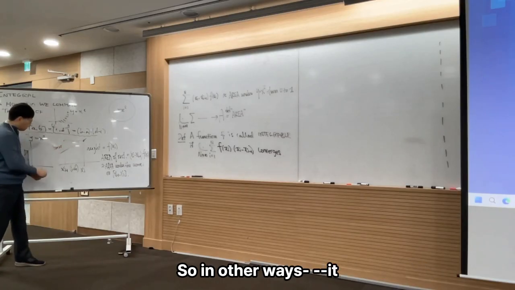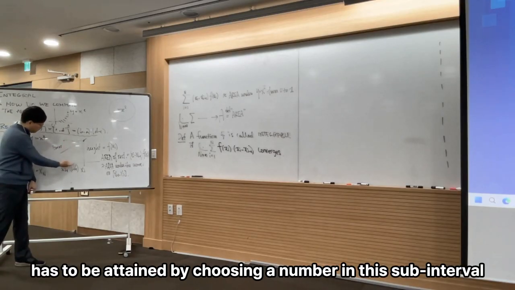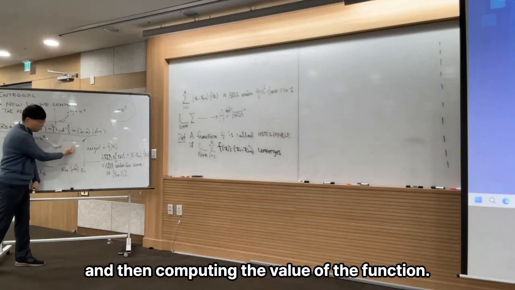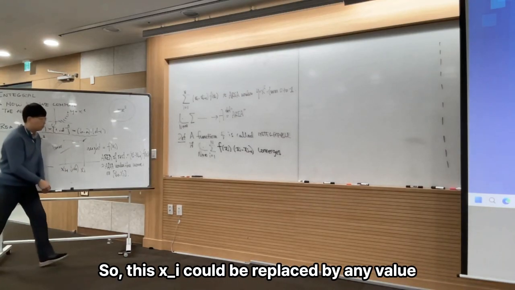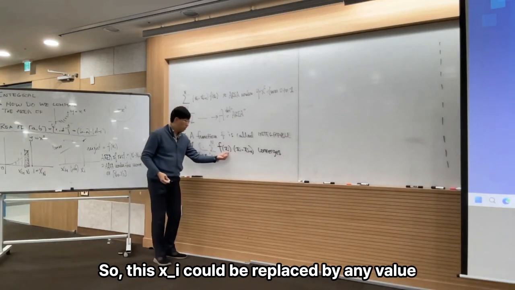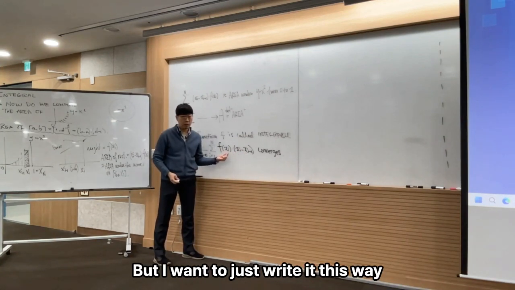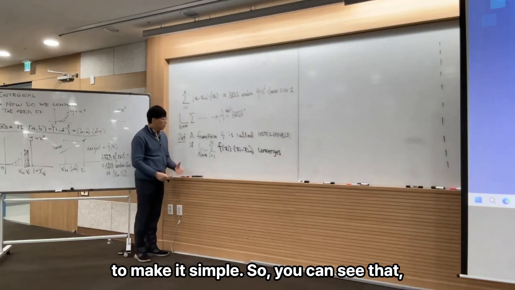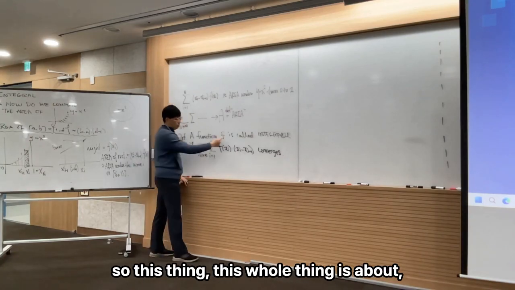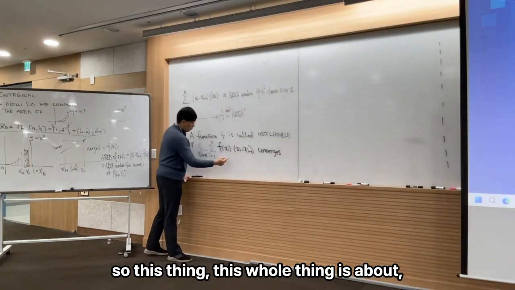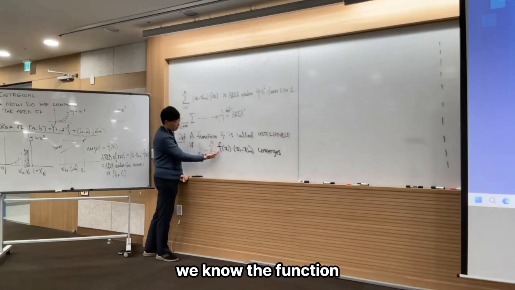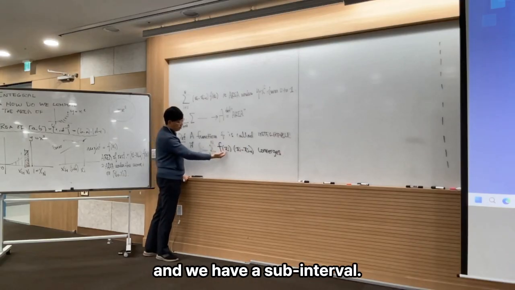In any case, it has to be attained by choosing a number in this subinterval and then computing the value of the function. So this x_i could be replaced by any value in between x_{i-1} and x_i. But I want to just write it this way to make it simple. So you can see that this whole thing is about, we know the function, and we have a subinterval.